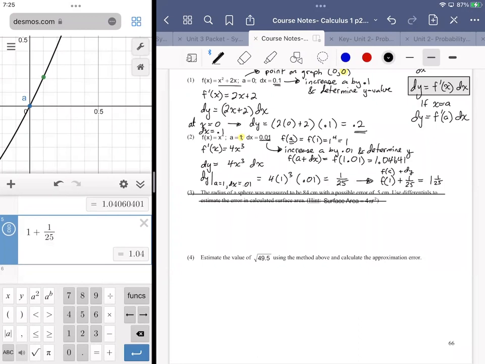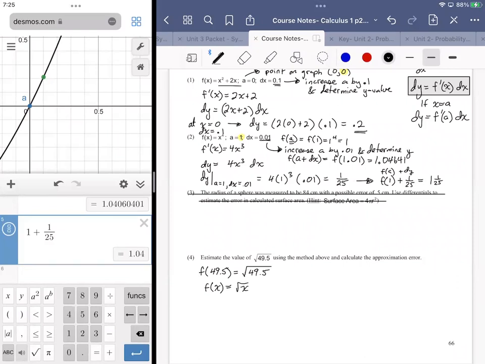If I assume that there's some function f of x that has been evaluated to give us the square root of 49.5, then that function must have been the square root of x.